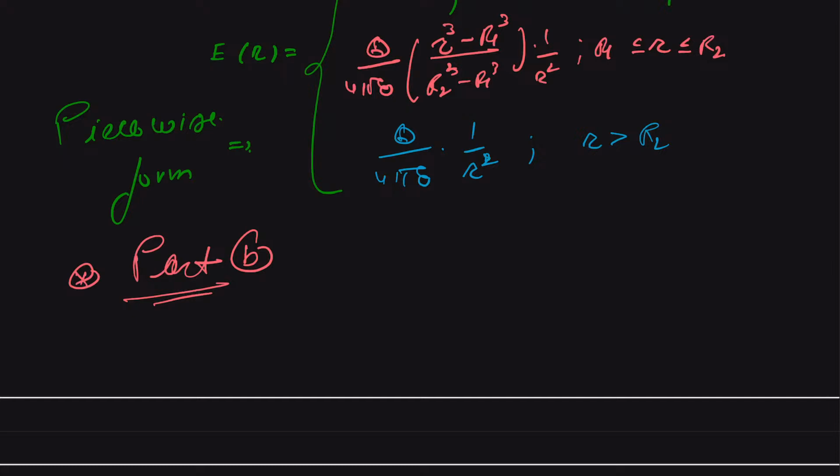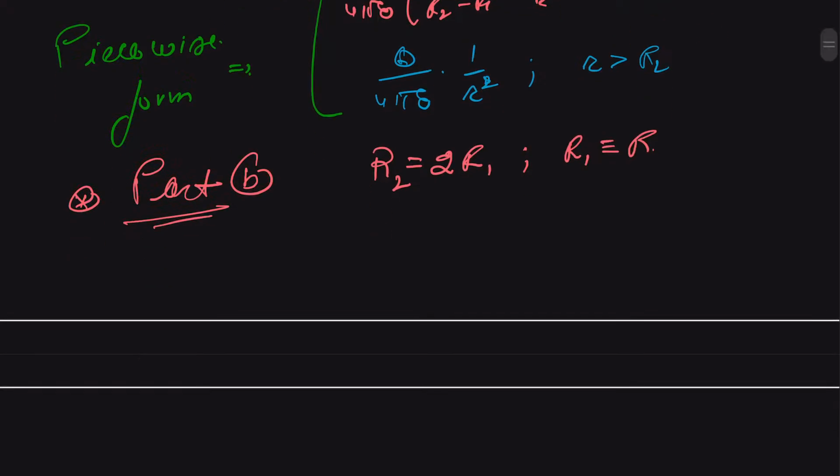In that case we are given that R2 is equal to twice of R1, and our R1 is equivalent to R. So from here we can take our R2 as equal to twice of R, because everything we are going to find out will be in terms of R, otherwise there will be too many variables or parameters.